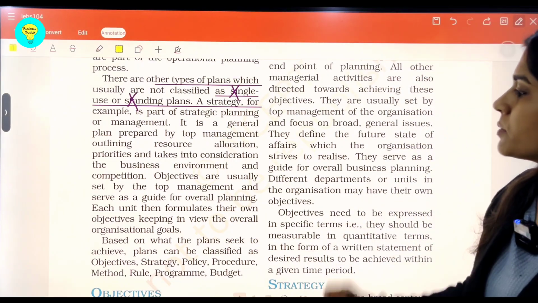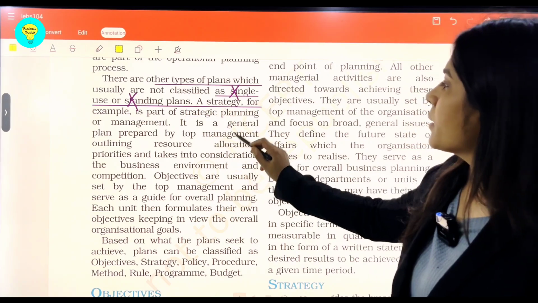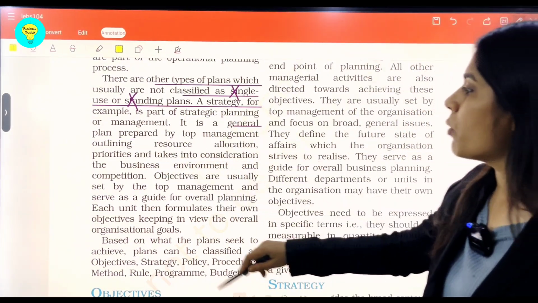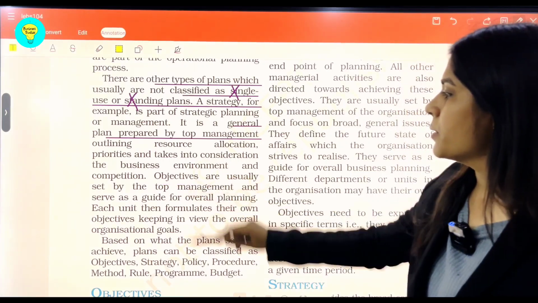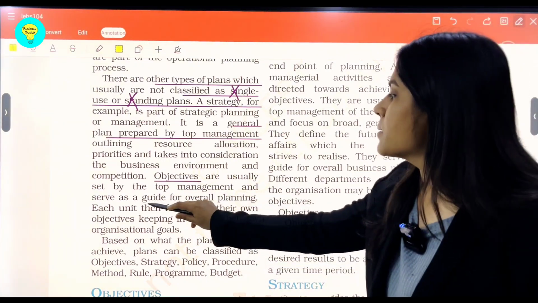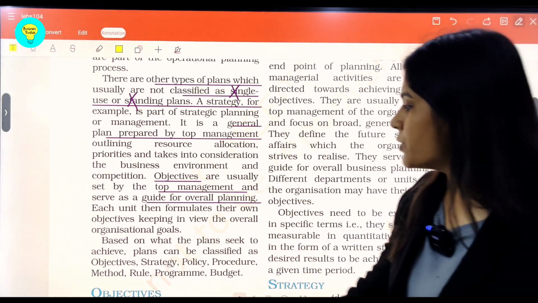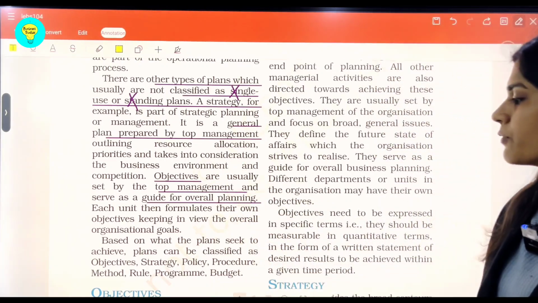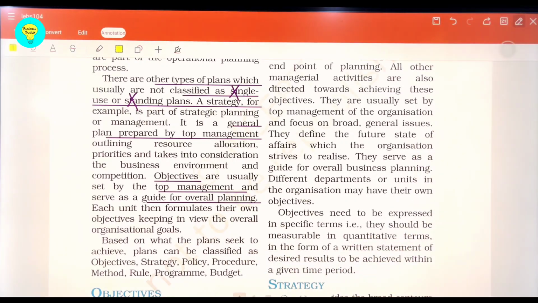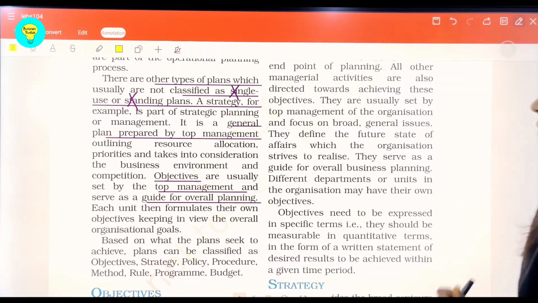Under these plans they have talked about strategies, which are general plans prepared by the top management, and they have also talked about objectives which are formulated by the top management and guide the working of the overall organization. So, strategy and objectives are classified here. They can also be put in the two different categories as per the need. Sometimes they may become single use, sometimes they may be classified as standing plans.